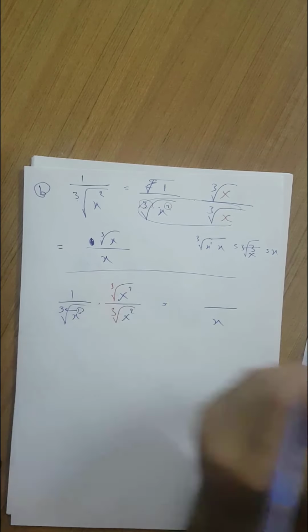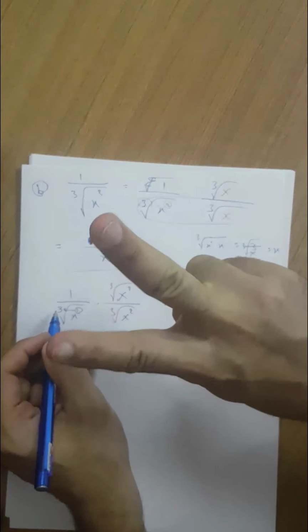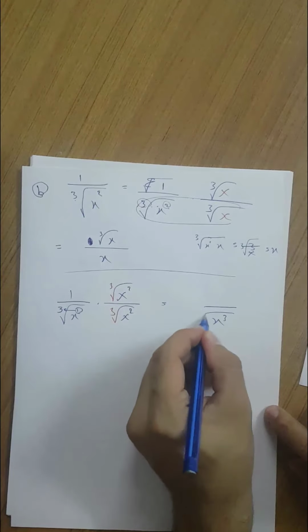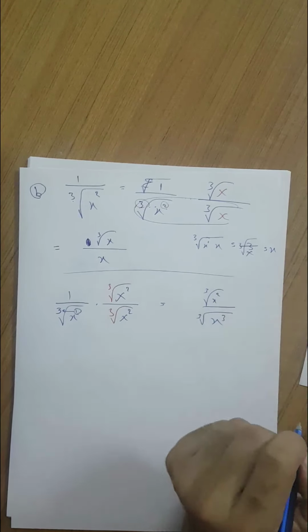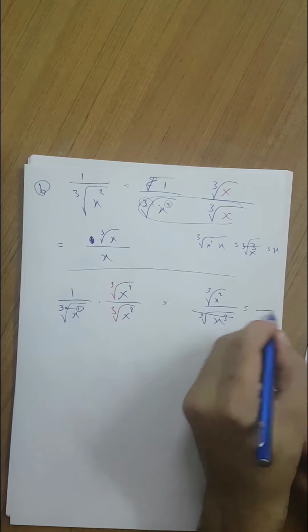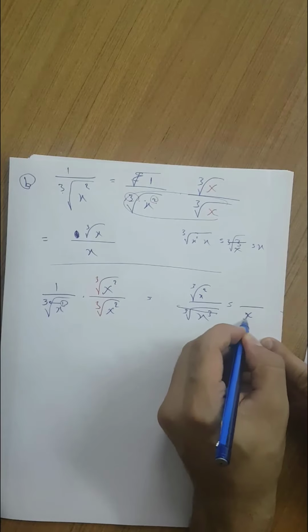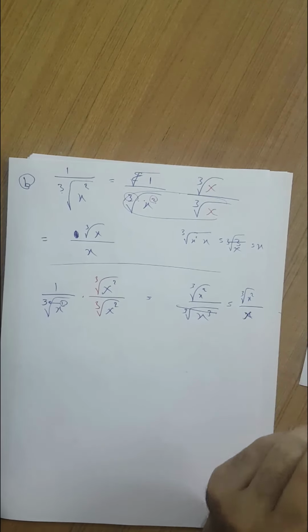Yes, x squared. Why? Because here it's just 1x, so 1, 2, 3, I need 2 units, so that's why I multiply by 2. So 2 plus 1 is equal to 3, by 3. That's why we multiplied by the cubic root. And this one will be removed. Then we rationalize the denominator, and just x remains. That's why we say rationalize the denominator.